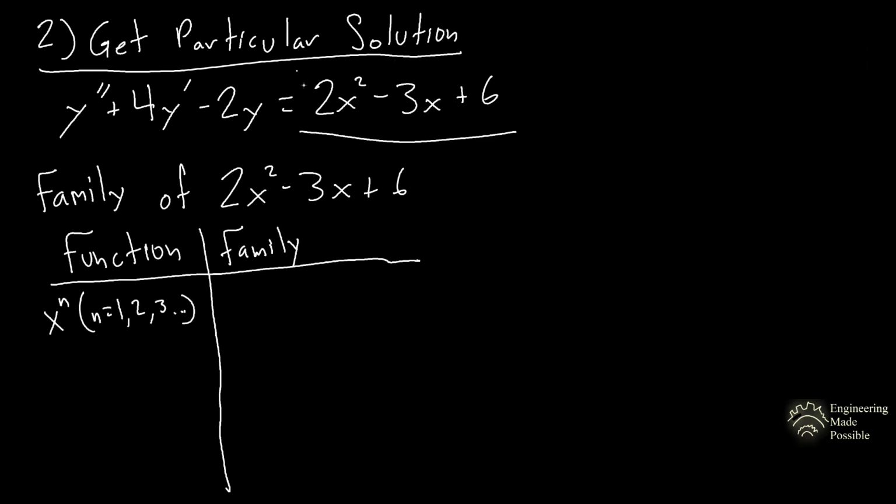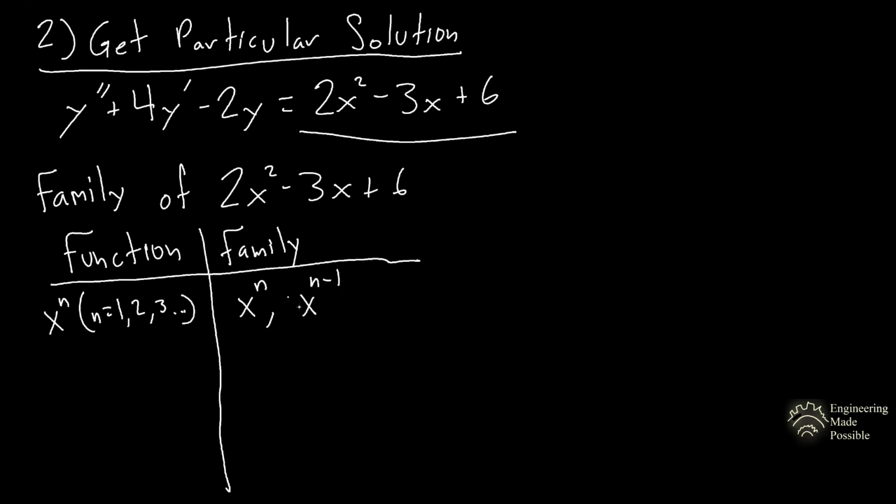So let's say for the first function you have x to the power n, where n could be any number 1, 2, 3, and so forth. So for the first family, of course, it's going to be x to the power of n. Now, what would be the next family of this? Well, the derivative in that case would be x to the power of n minus 1.